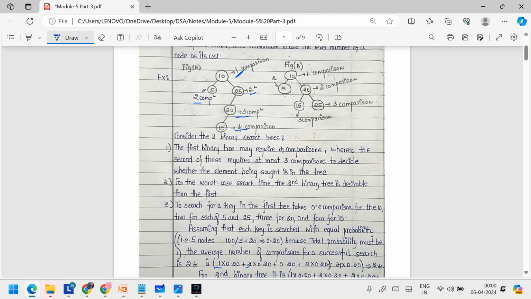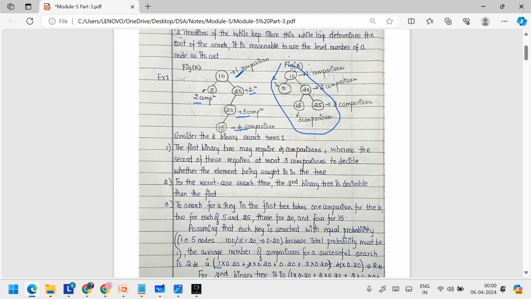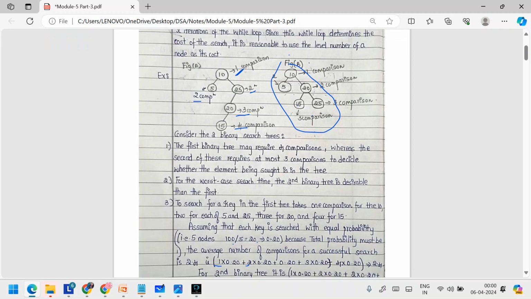Likewise, let me do it for tree B. Let me write the formula for tree B over here.